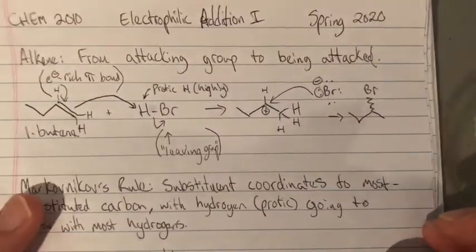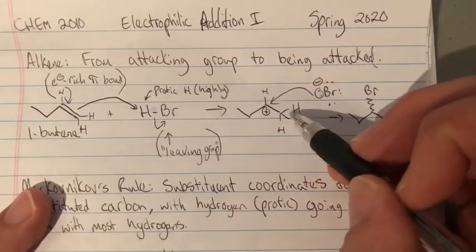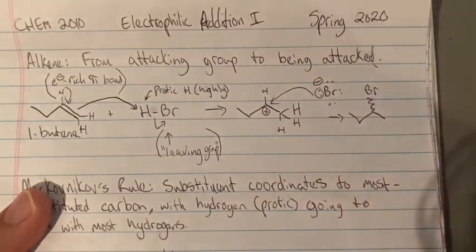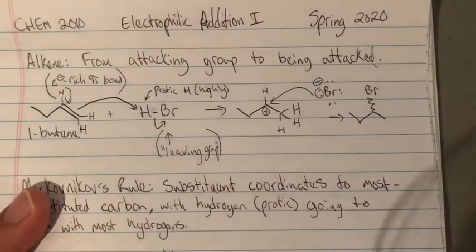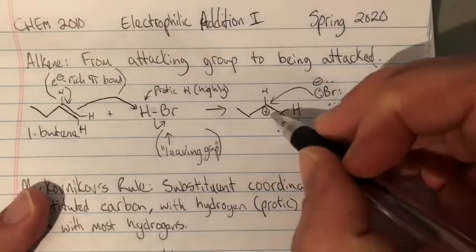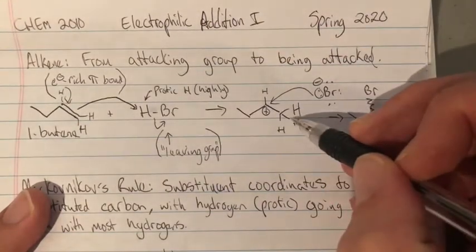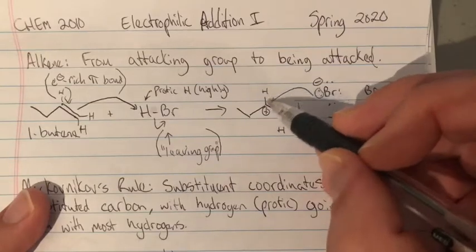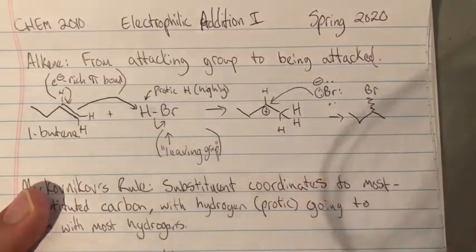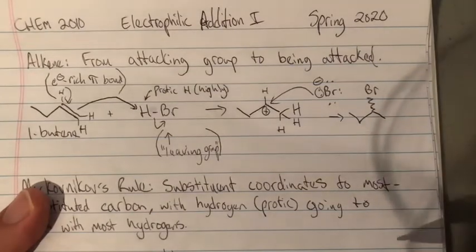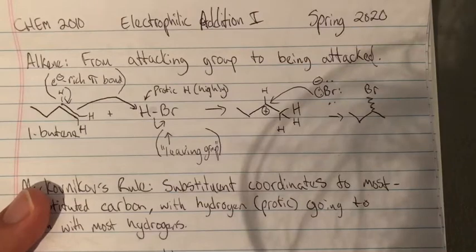It just so happens that the hydrogen is going to end up at the carbon that has the most hydrogens already, because therefore it's going to give the most stable carbocation. If it were to be placed here and you had that extra hydrogen over here, you would have a less stable carbocation. So a stable intermediate is really the name of the game.